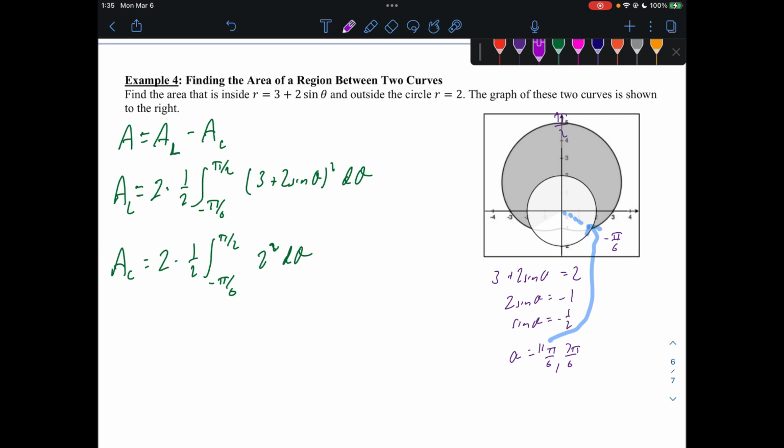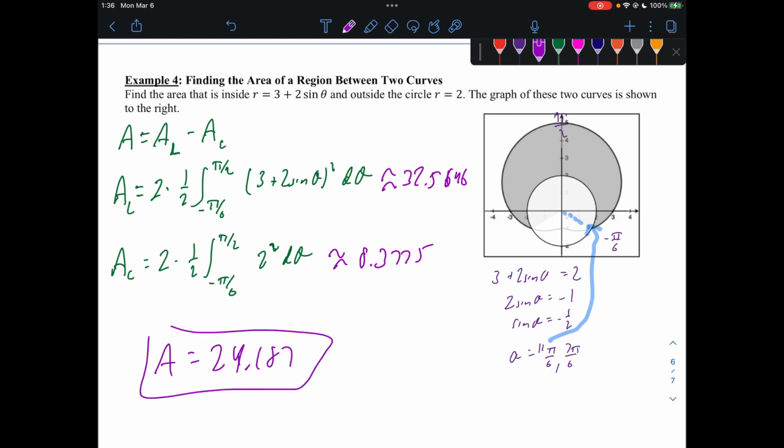This one would be 32.5646. This one would be 8.3775. And if we subtract them, our total area is going to be 24.187 square units.